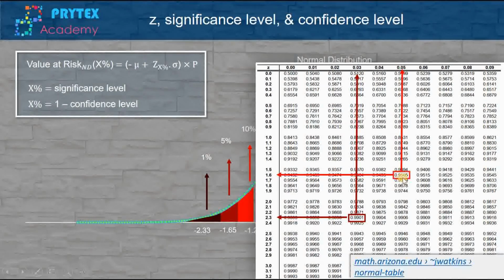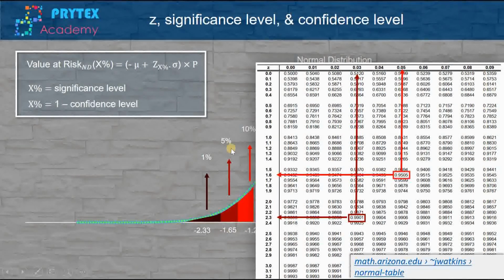So 95% confidence level, which is equivalent to 5% significance level, has a z value of 1.6 plus 0.05, which is equal to 1.65. Here we associate a negative sign, because this is on the left hand part of the mean.